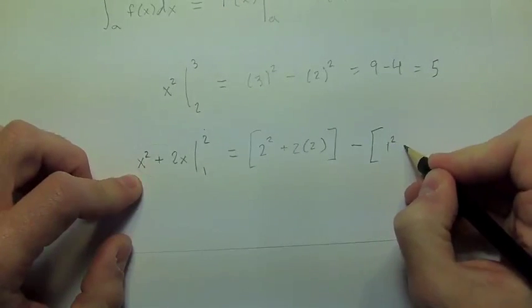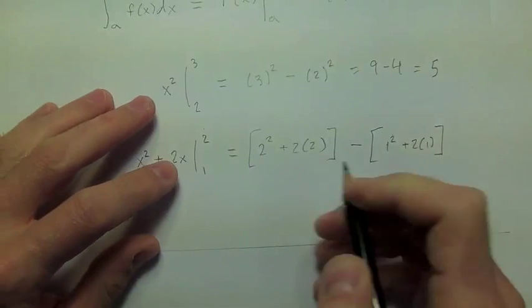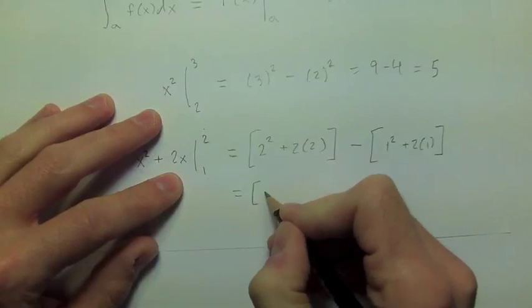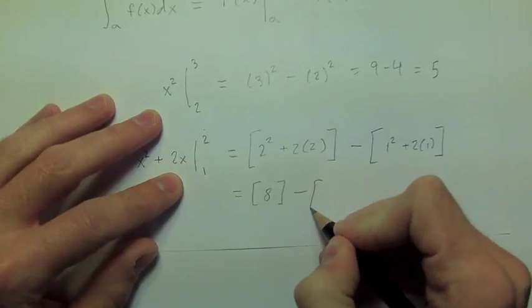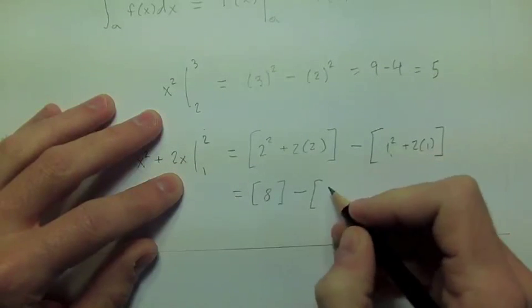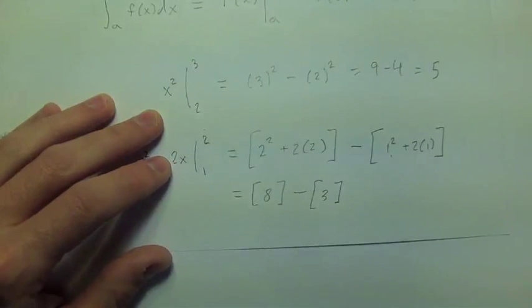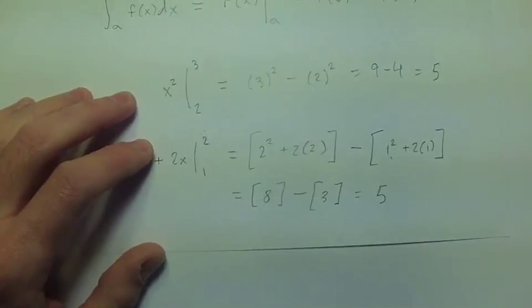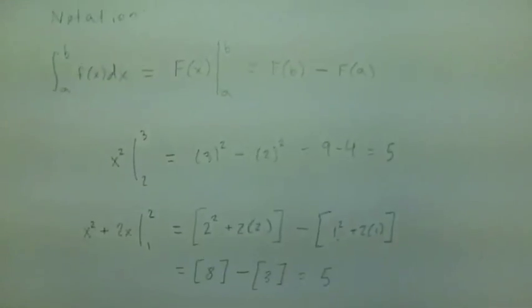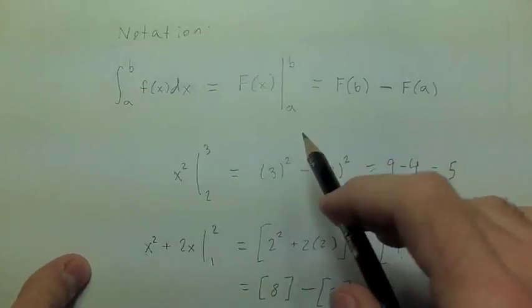So it would be 1 squared plus 2 times 1. So this will be 4 plus 4, so that's 8. Minus, this is 1 plus 2, so that's 3. So that's going to end up being 5. Again, that was actually not planned. Okay, so that's what this notation is.